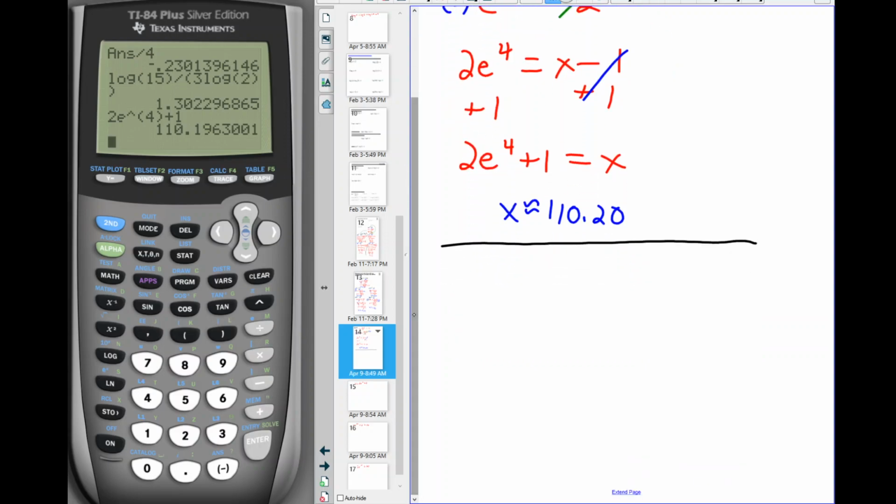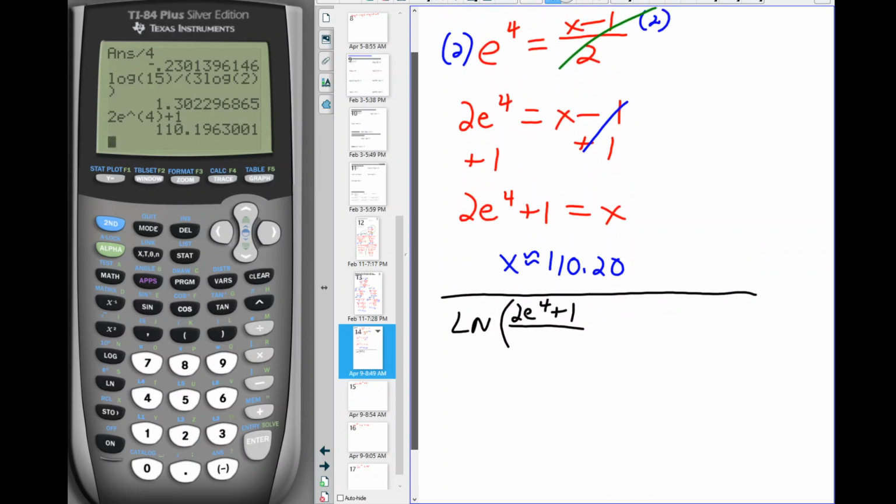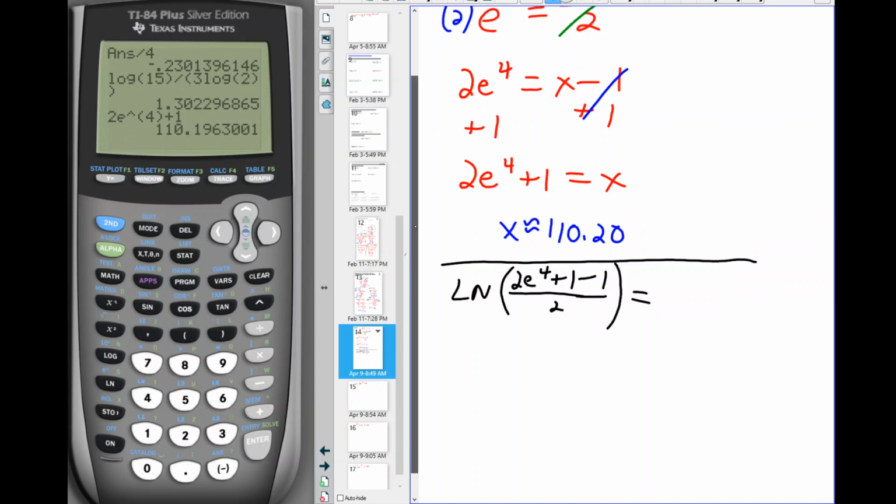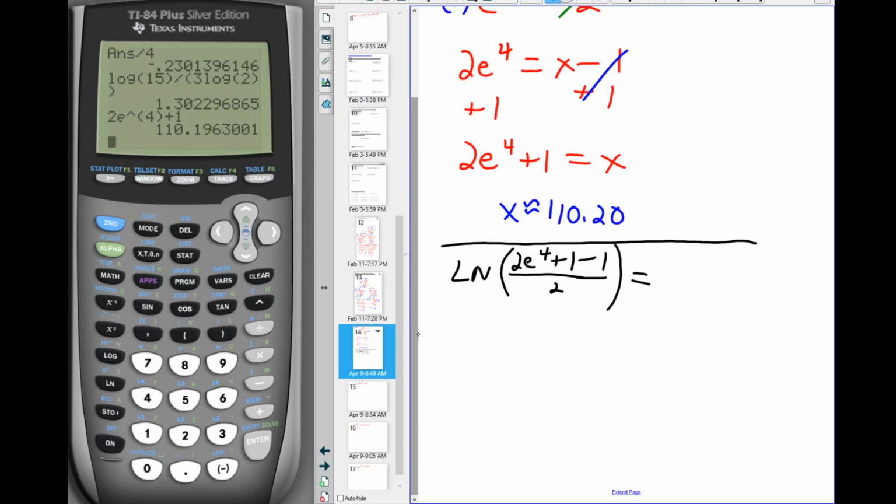So this is going to be ln of, and this 2e to the fourth plus 1 is on top, minus an extra 1, and then over 2. And that should give me 4.